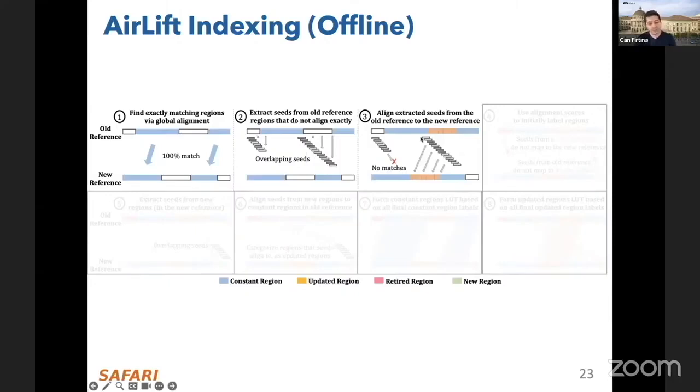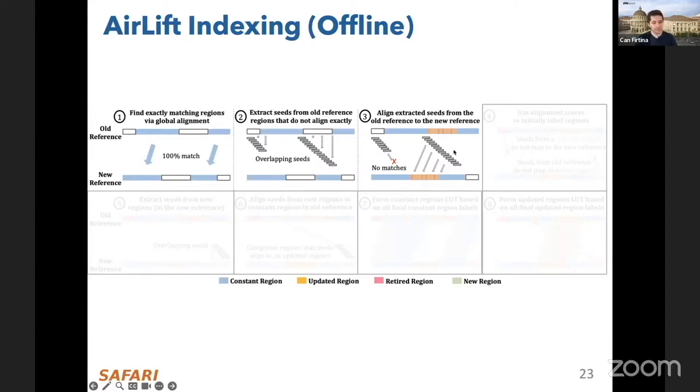And whenever there is an alignment, then we can tell that these 2 regions that have many aligning seeds to each other should be highly similar to each other. Although they are not exactly matching, they are highly similar to each other, so we label them as updated regions because they only incur slight changes between them after the alignment score.